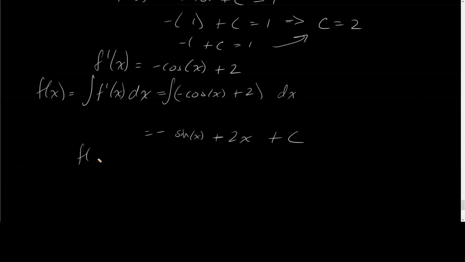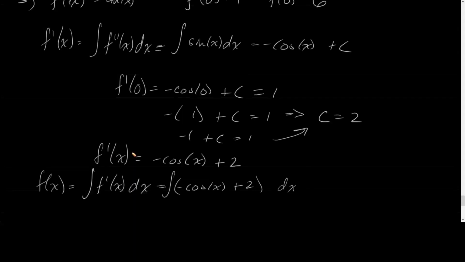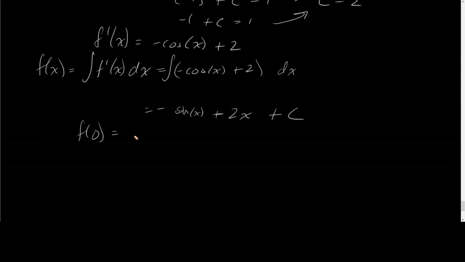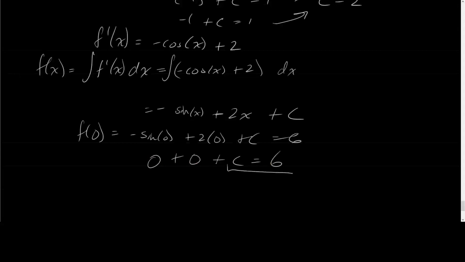But we know that when we plug in 0, we were supposed to get 6, right? So this tells us negative sine of 0 plus 2 times 0 plus c is equal to 6. Sine of 0 is 0, so I have 0 plus 0 plus c is equal to 6, so c is equal to 6. Giving us that our actual function f of x is negative sine of x plus 2x plus 6.